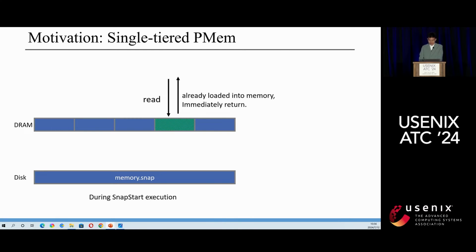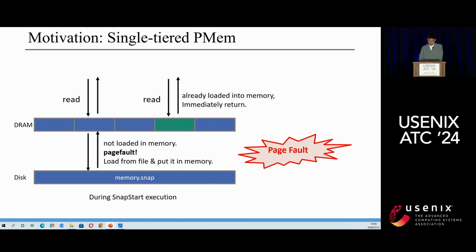Let's first look at SnapStart execution on the traditional hierarchical memory architecture. When a virtual machine accesses a memory page, if the snapshot page is already loaded into DRAM, it is immediately returned. Otherwise, a page fault is triggered, causing a pause, context switch, and loading the snapshot memory page from disk into DRAM before resuming VM execution.